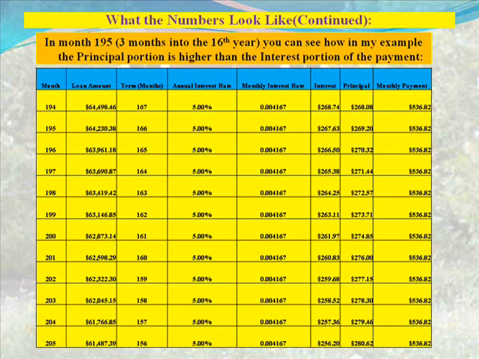Looking at row 2, month 195, and looking across to the interest column, you can see that the portion of the payment attributed to interest is $267.63, whereas the portion of the payment associated with the principal is $269.20. And from then on, the principal portion of the payment will be higher than the interest portion of the payment.